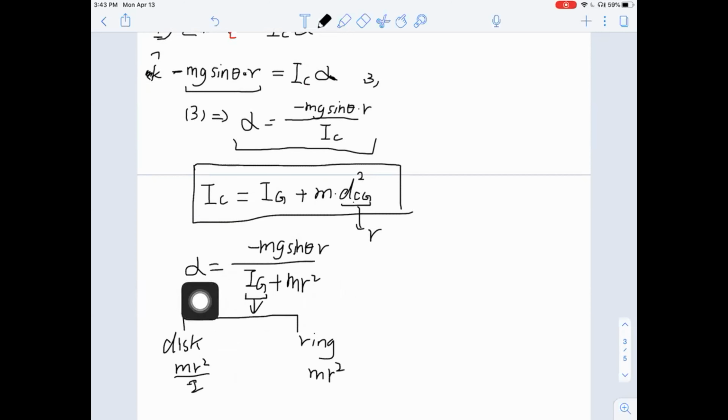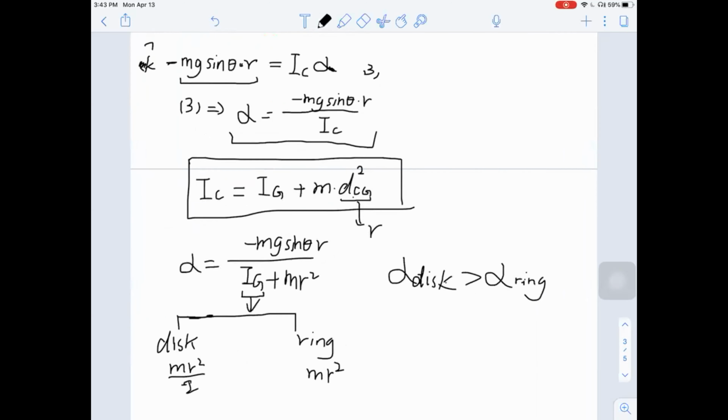Therefore, a disk will reach the bottom faster than the ring. So alpha of the disk is going to be larger than alpha of the ring. That confirms the experimental result you just watched in the video. If you have any questions, do you think everything makes sense?